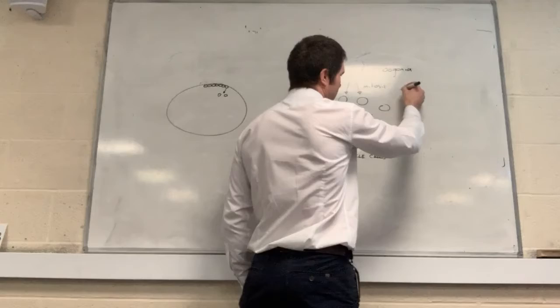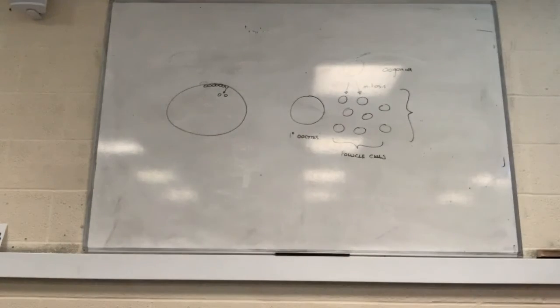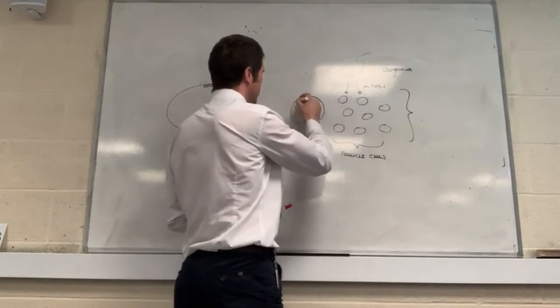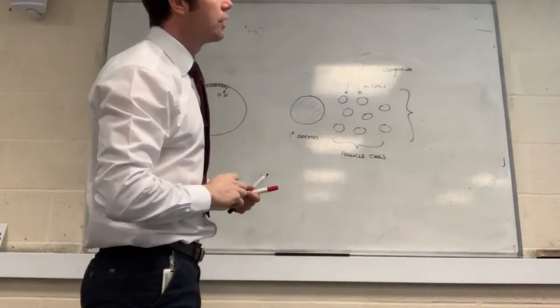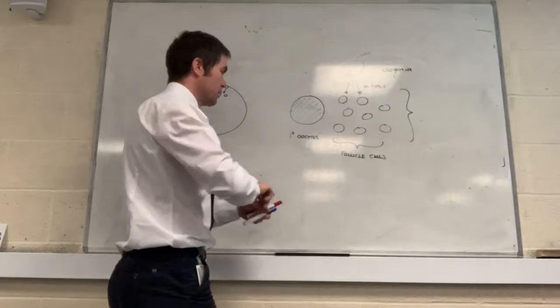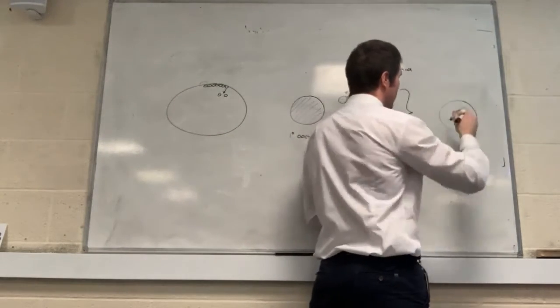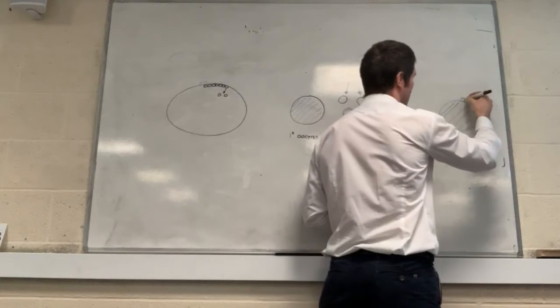Those associate. I'll stick to the colours in the diagram there. So we've got the primary oocyte, in blue, and then the follicle cells. They associate in that the primary oocyte is surrounded by those follicle cells.